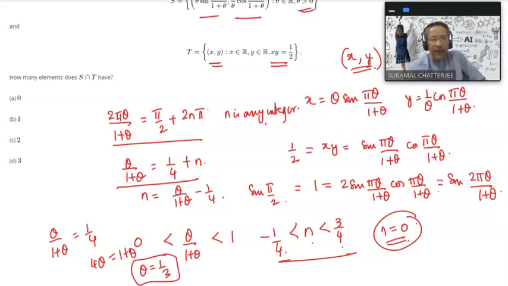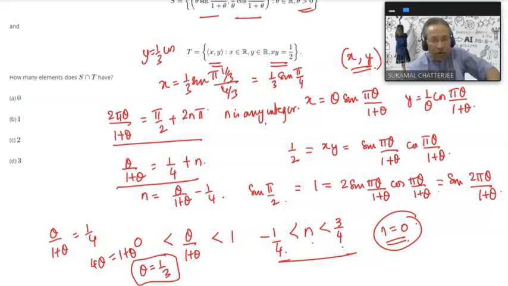So for theta equal to 1 by 3, you get x as 1 by 3 into sine of pi into 1 by 3 by 1 plus 1 by 3, which is 4 by 3, which is 1 by 3 sine of pi by 4, and similarly y will be 1 by 3 cos of pi by 4. So this will be the solution for S intersection T.